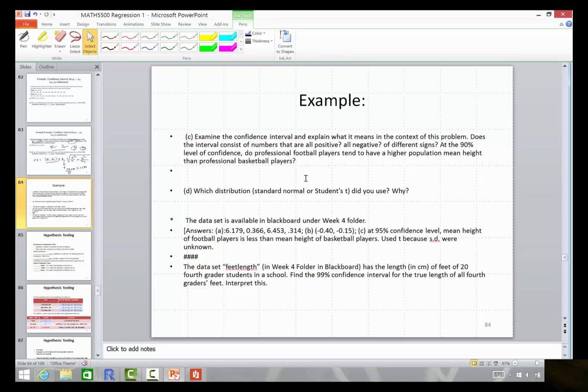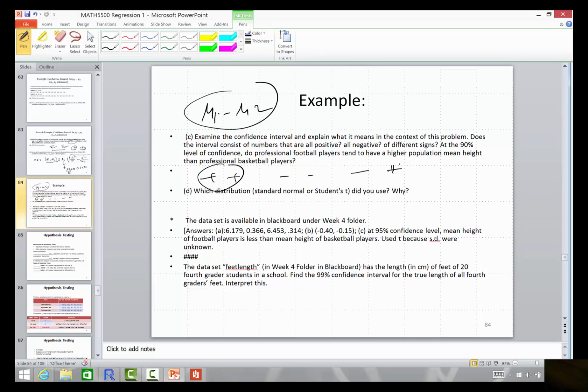And does the interval consist of all positive, all negative, or different signs? Both are positive, both are negative, or one is negative and one is positive. You have to answer that. If you get this, that means mu1 minus mu2: if mu1 minus mu2 is positive, that means mu1 is greater than mu2, right?